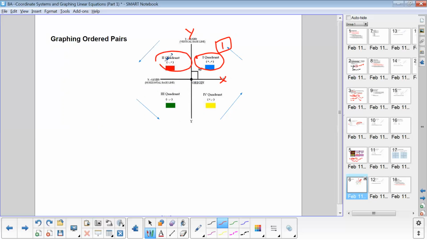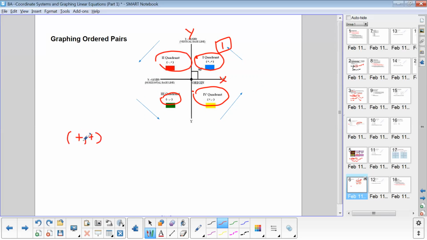Quadrant 2 would be moving left and up. Quadrant 3 would be moving left and down. Notice the signs, negative and negative. Those would be the signs of your ordered pairs. And quadrant 4 would be to the right and down. So those are your directions.